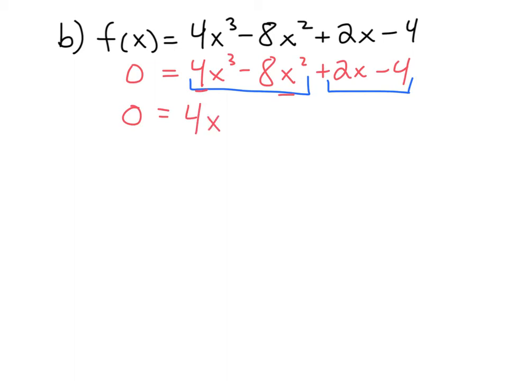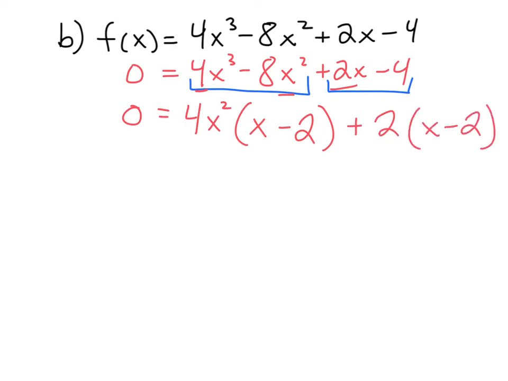Pull out the 4x squared, and what I'll be left with is an x minus 2. I'm just using the distributive property. If I were to distribute it back, I'd get 4x to the third, and then 8x squared. And over here I see a common 2, and then I would have x minus 2.